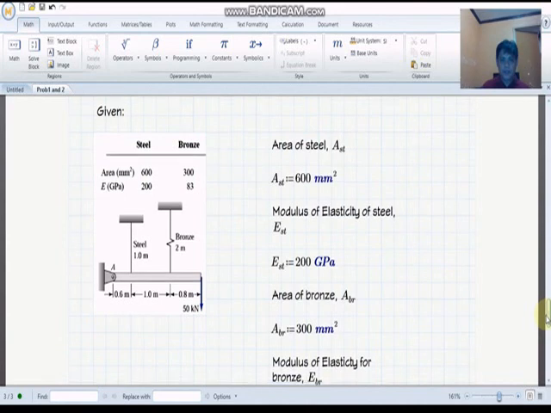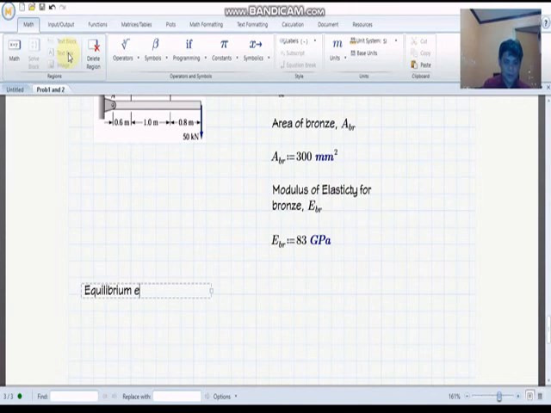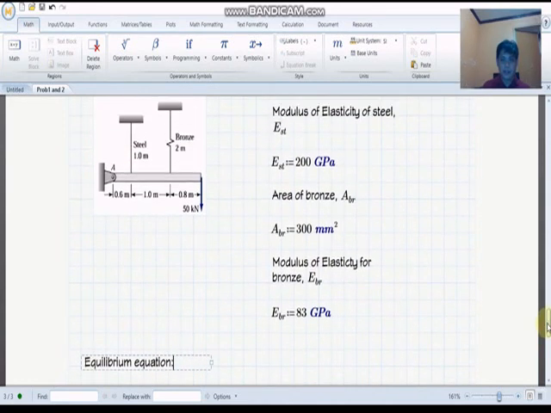so the next step now is to write the equilibrium equation. Of course, we need to have a free body diagram. So we're going to consider this bar as the body for our diagram.